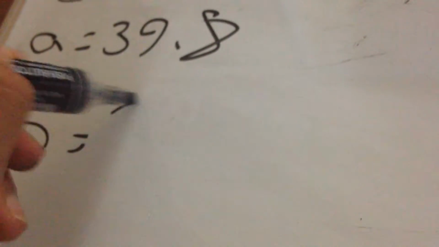What we need is to find b. In an ellipse, we have the equation c squared equals a squared minus b squared.